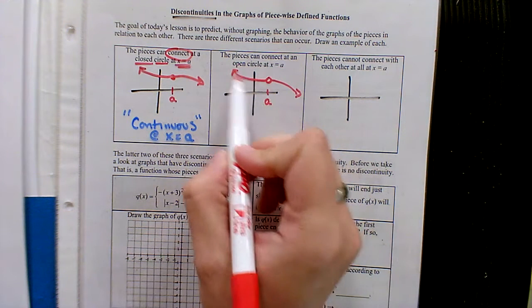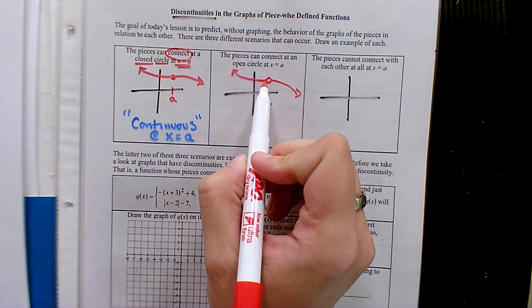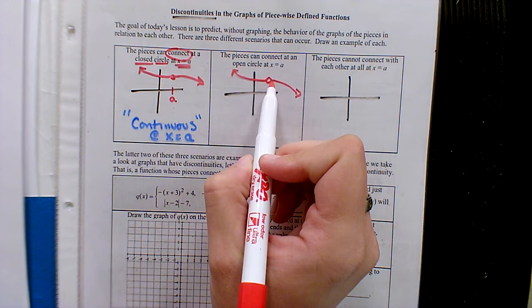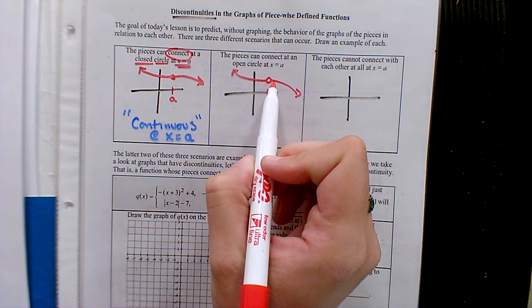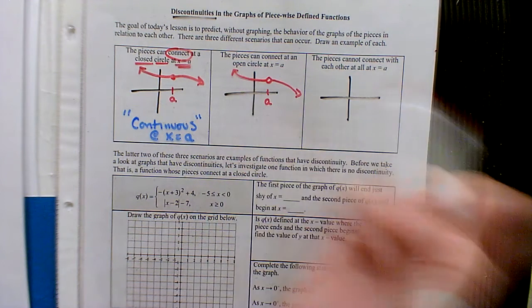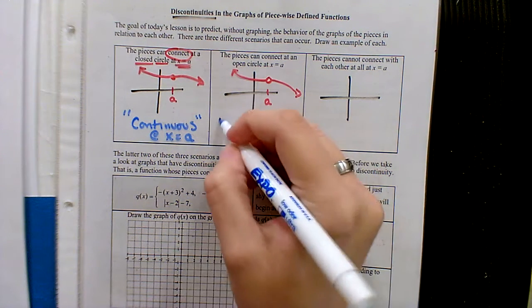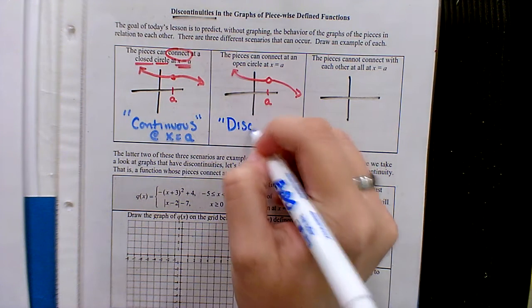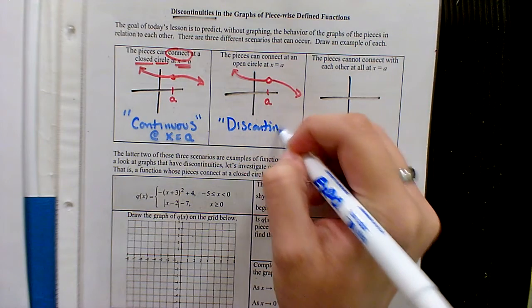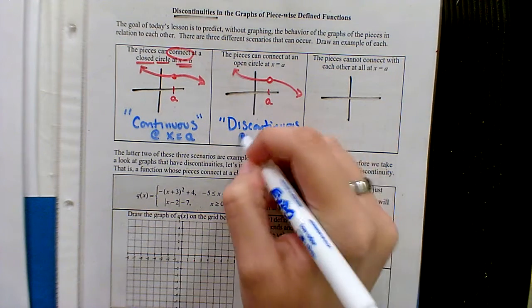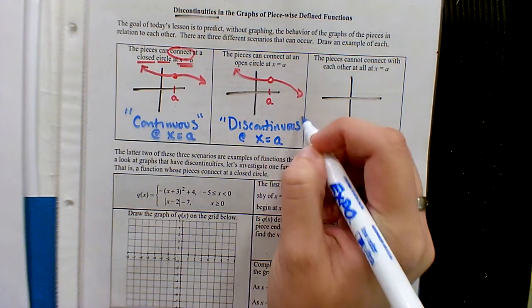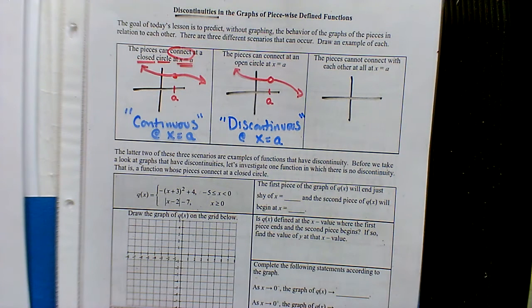No, right? You would draw the left. You would have to lift up your pencil to go over that circle because technically there's no graph there, and then you could continue on the right-hand side. Since we had to lift up our pencil, we would say this is a discontinuous graph at the x value of A. That's the specific location we'd have to lift up our pencil.